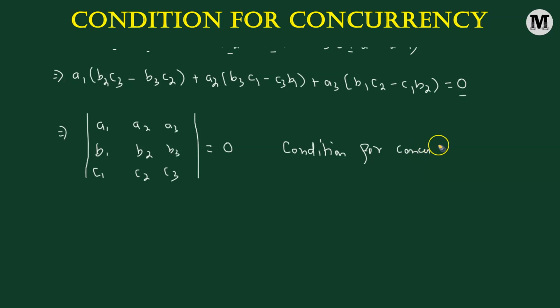Concurrency means that, given three lines L1, L2 and L3, if they pass through a common point, then to check whether this is true, we find the determinant.